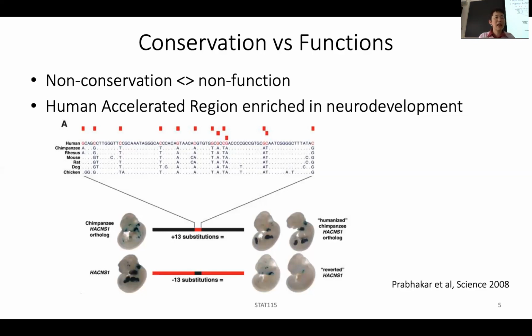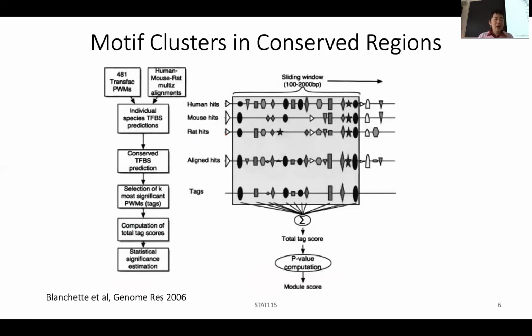So I would say not conserved doesn't mean not functional, but conserved are definitely functional. And you can use conservation to eliminate some of the random garbage, and so you can enrich for your signals to look for motifs. And then we mentioned, we already see this in yeast. Very often motifs are clustered in a region. Usually the cluster is 150 to 200 base pair long.